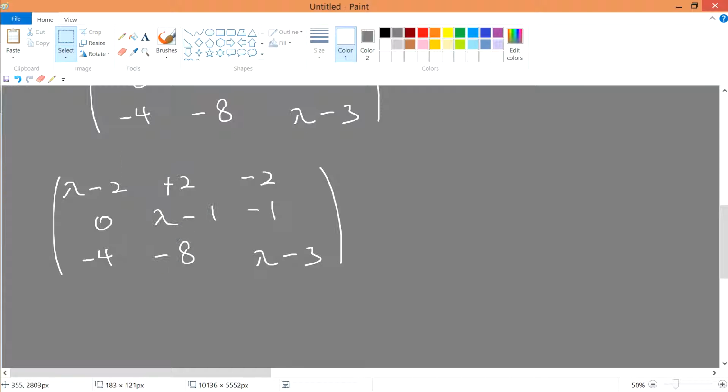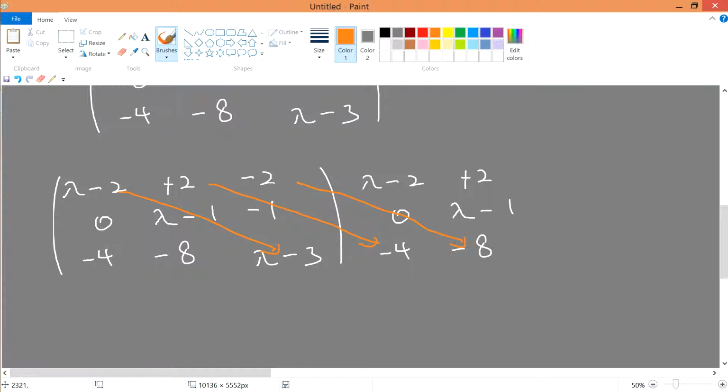If you haven't, I'll quickly go through it. The rule of Sarrus states that you take the orange colors, multiply them together, then minus away the sum of the blue colors.